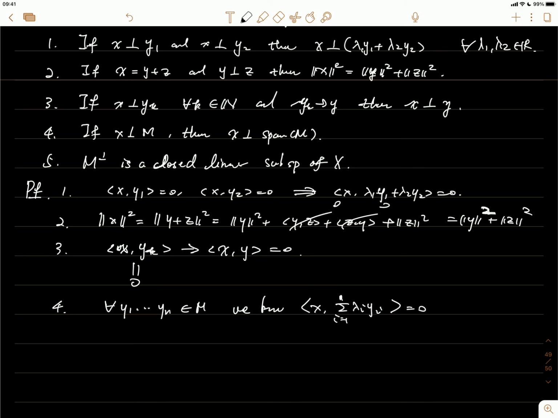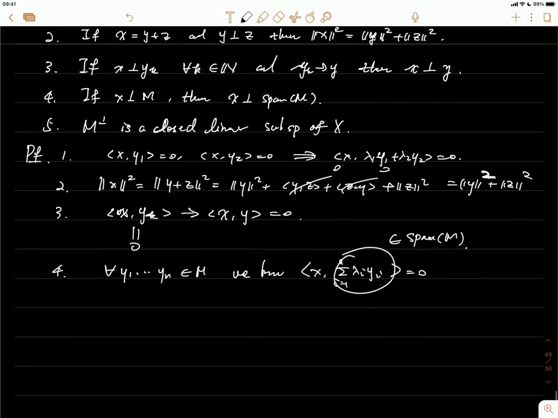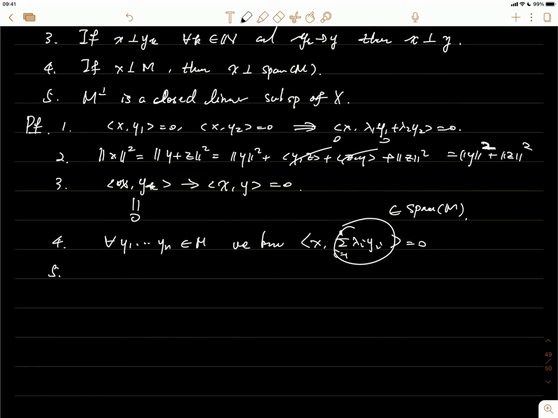We know this is equal to 0. But this is the span; all the elements in the span of M can be written in this way, right? A linear combination of that.